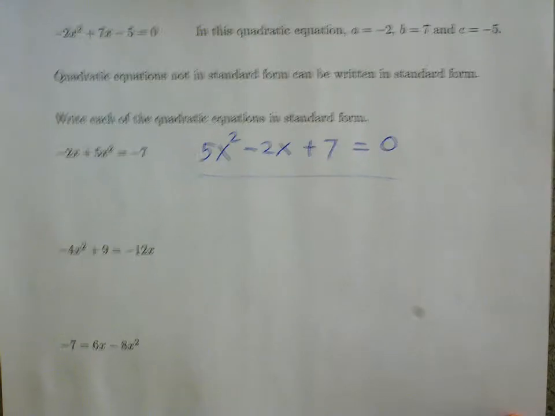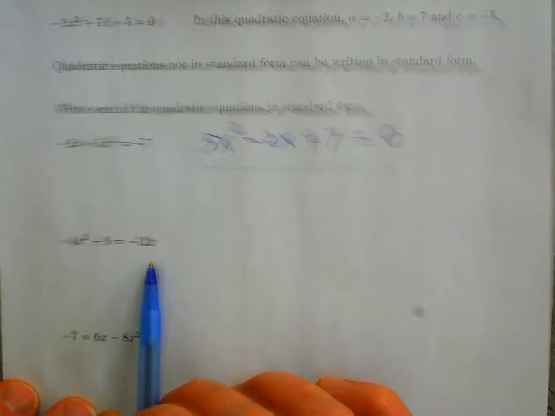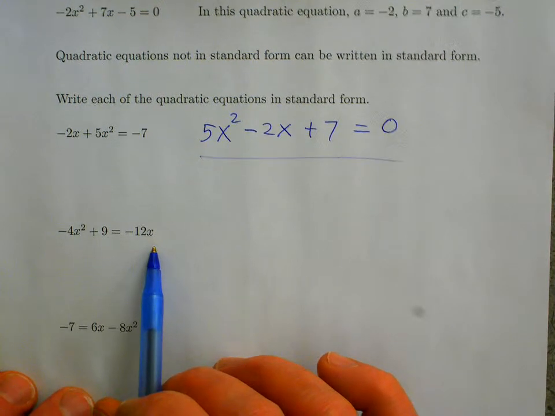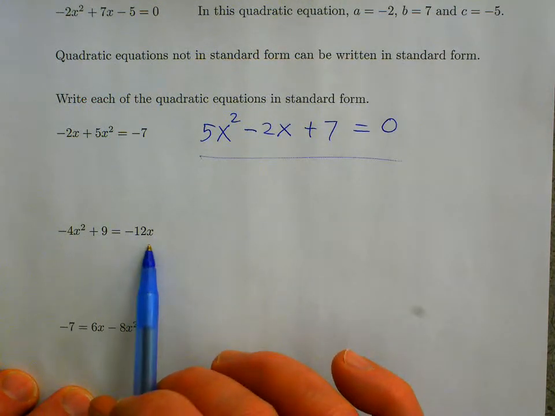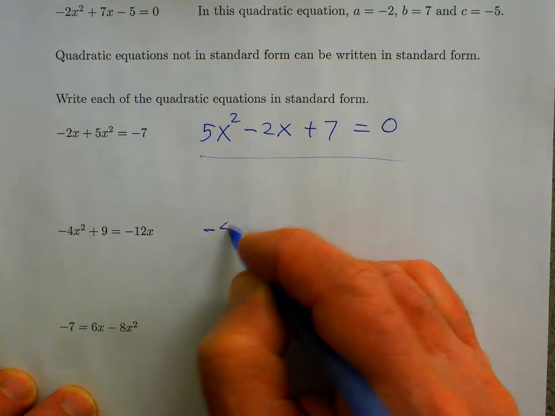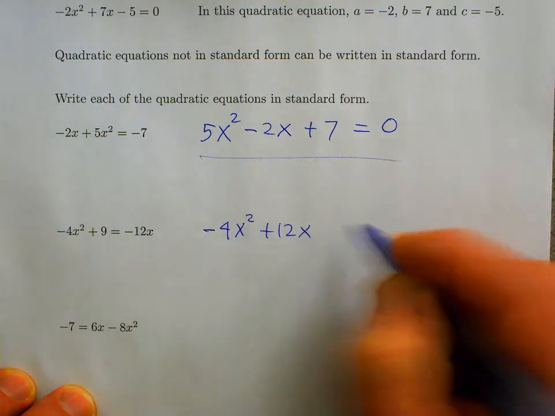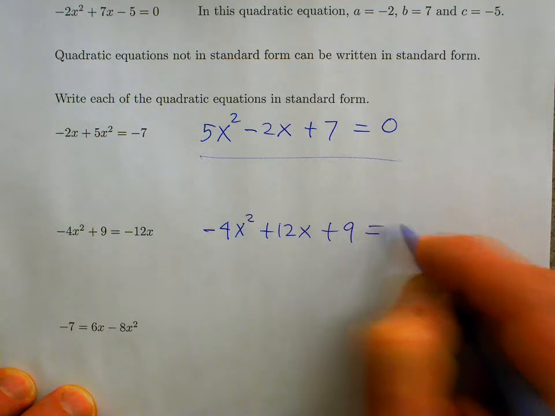And the next example, negative 4x squared plus 9x equals negative 12x. We can get this into standard form if we add 12x to both sides and write it as negative 4x to the second plus 12x plus 9 equals 0.